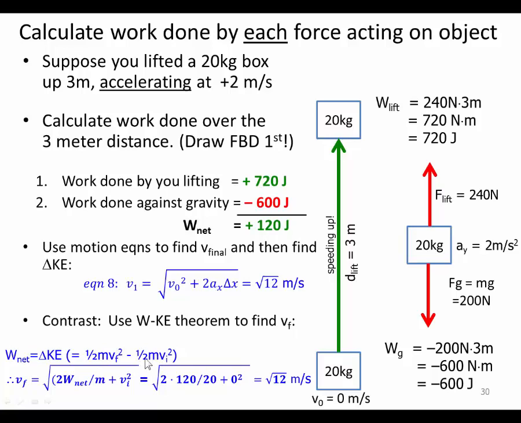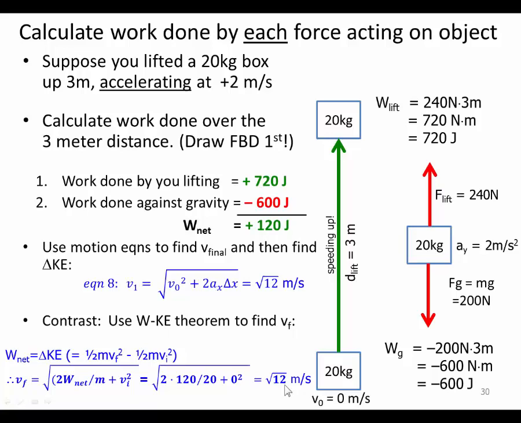Since I would like to solve for my final velocity, I'm going to do a general solution here and solve for VF, which I did below. I multiplied both sides by 2, then divided the mass over to the left side. I brought the negative VI squared over to the other side, and then took the square root to get rid of the square on the final velocity. If you plug in your numbers, what do you see?